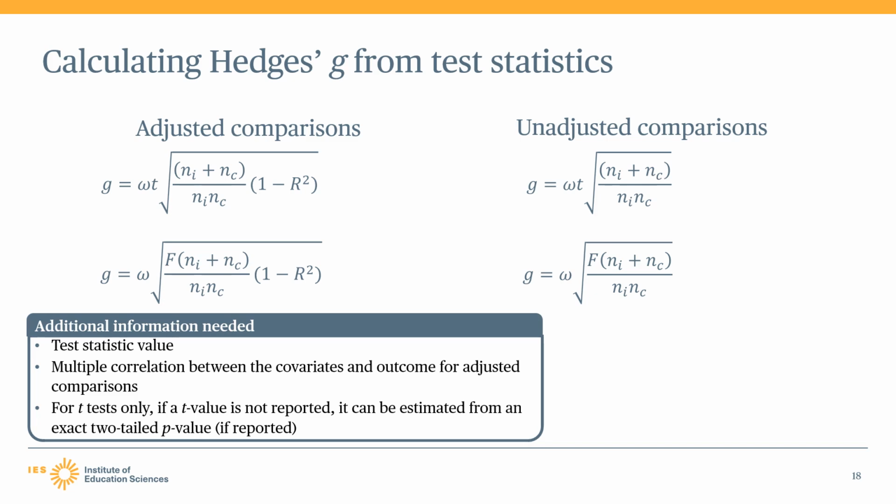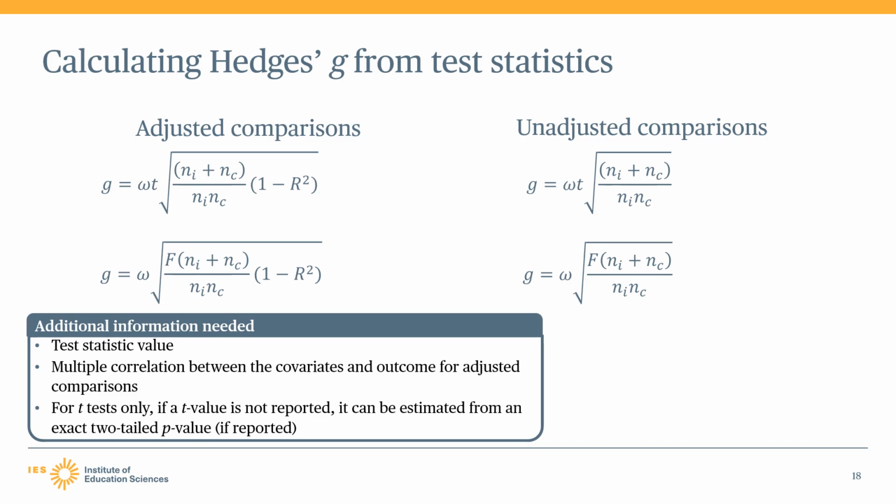First, reviewers will need the test statistic value. So either the t-test or F-test statistic for covariate-adjusted mean differences between the two groups. These are shown as t and F in the equations.